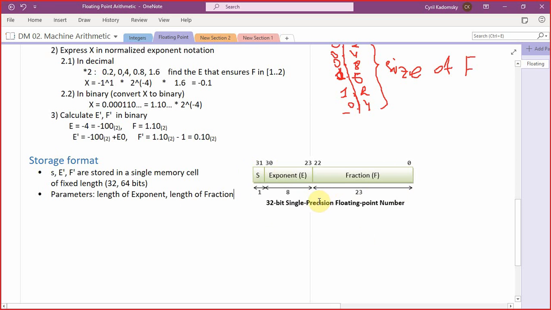Taking ourselves a step further, this particular representation is called single precision floating point, or in almost all programming languages, the type float or single precision.